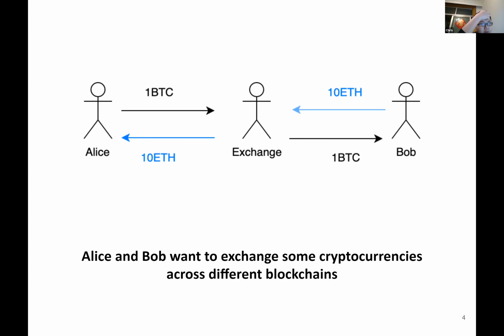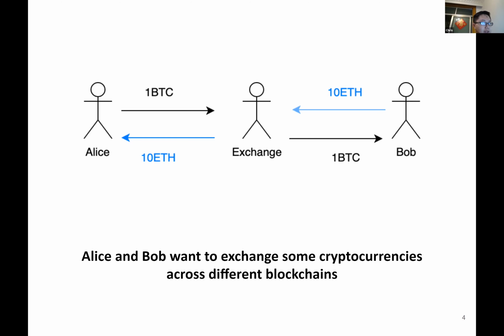We then need an exchange, or maybe a trusted third party. Otherwise, if Alex sends 1 BTC to Bob, she is not sure whether Bob will send her back 10 ETH, and she might just lose her 1 BTC forever.